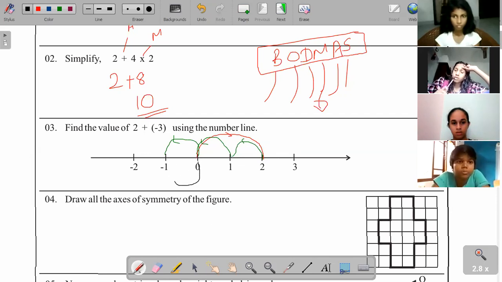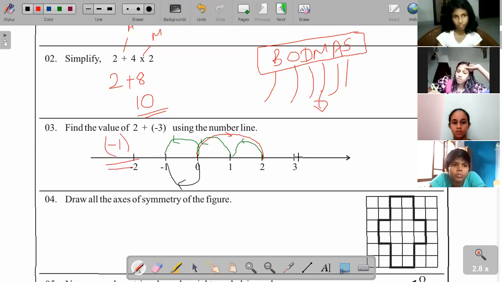The ending position is -1. What is the direction? Negative direction, no? How many places? 1 place. So what is your answer? -1. That's the method. Also you have to represent it using a number line, and also write the answer.